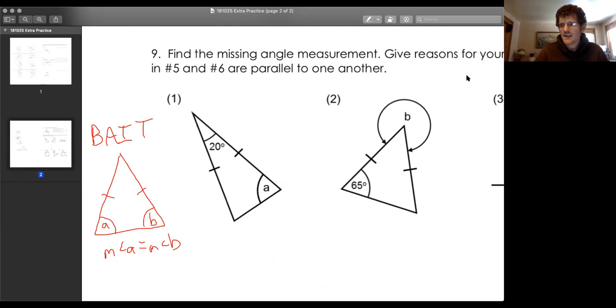Is there any angle in this diagram that we can right off the bat say we know what the angle measure is?